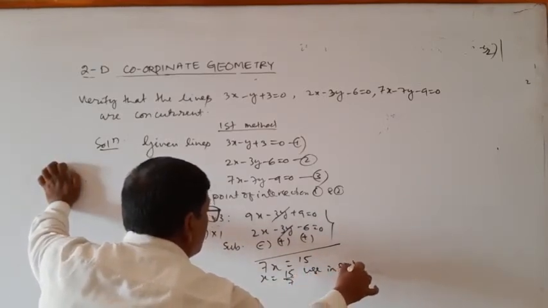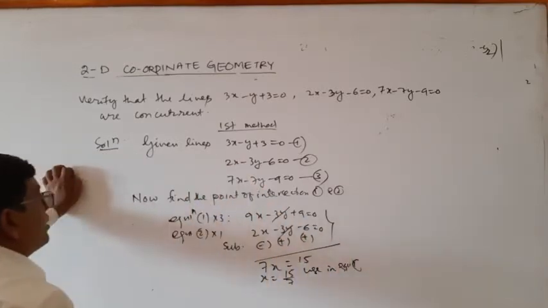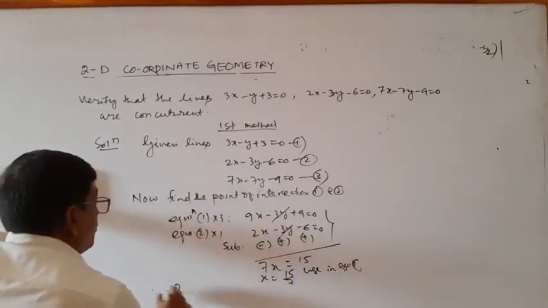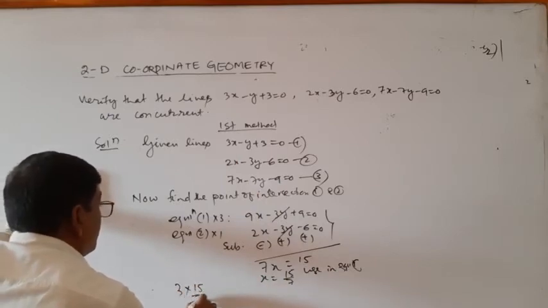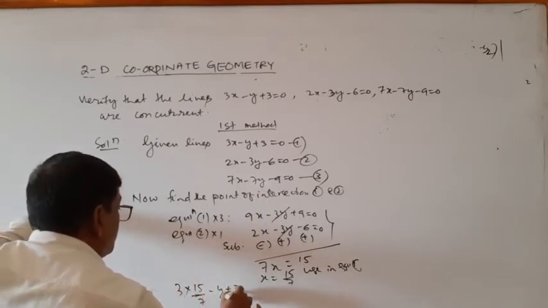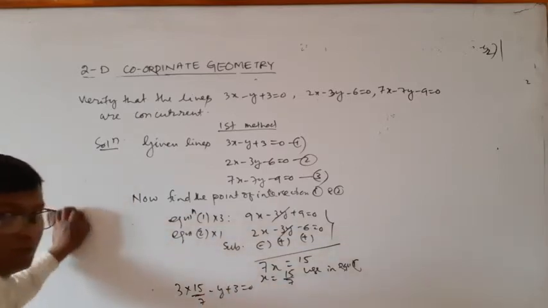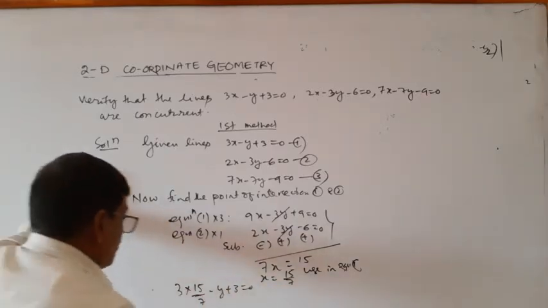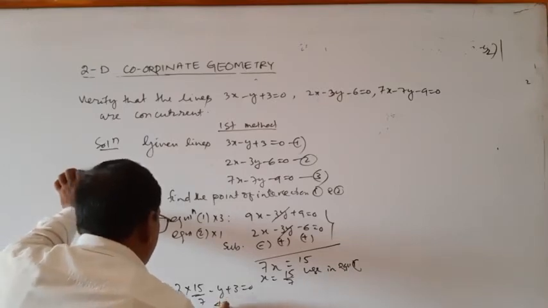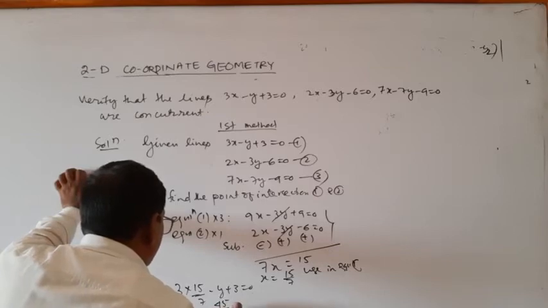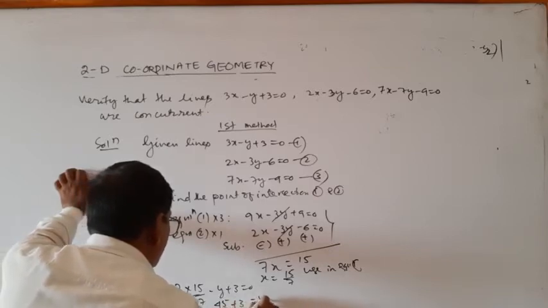Now to find the value of y, let's use equation 1. So 3 into x means 15 by 7 minus y plus 3 is equal to 0. That is 45 by 7 plus 3 is equal to y.